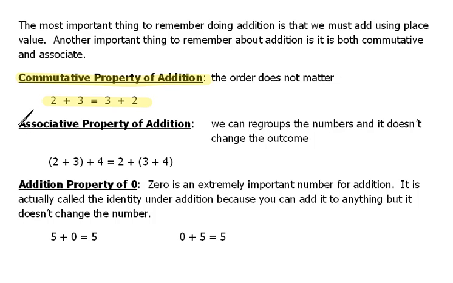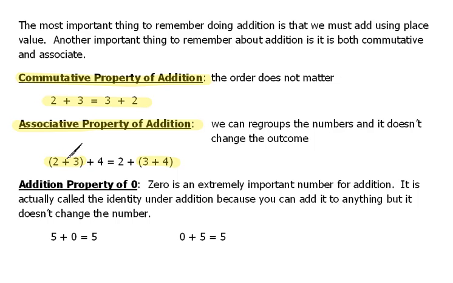Now, we also have the associative property of addition, and with the associative property, we reassociate items. So, for instance, here we have something that says (2 plus 3) plus 4 equals 2 plus (3 plus 4). The only thing that is different in here, they're in the exact same order, 2, 3, 4, but instead, we've regrouped or reassociated these items.